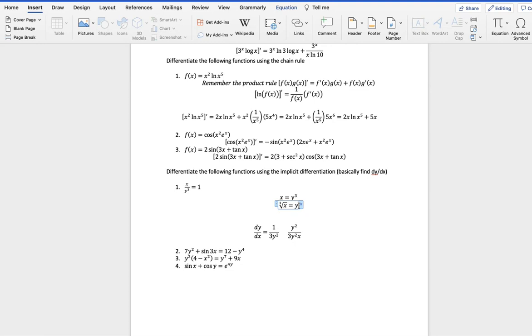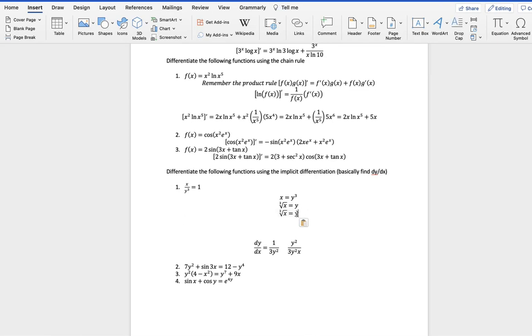Okay, and now when you derive this expression, you basically have y prime, which is the same as dy in terms of x.